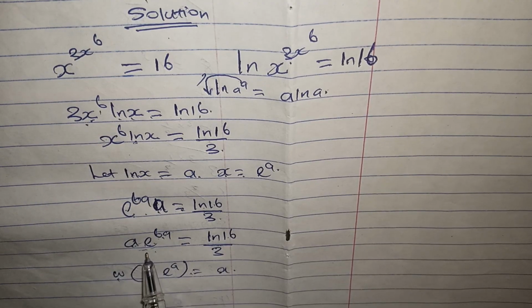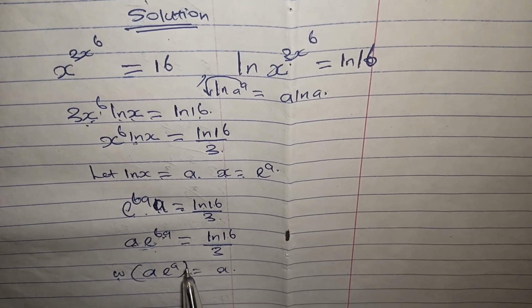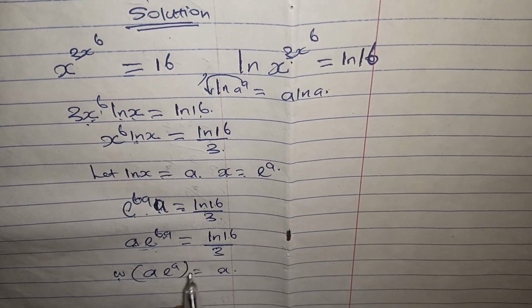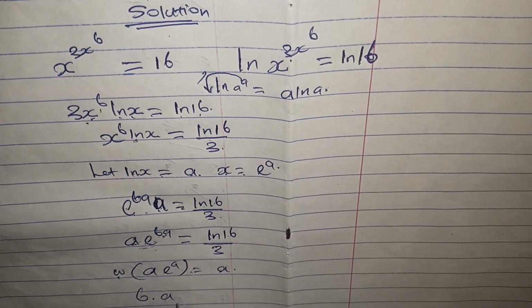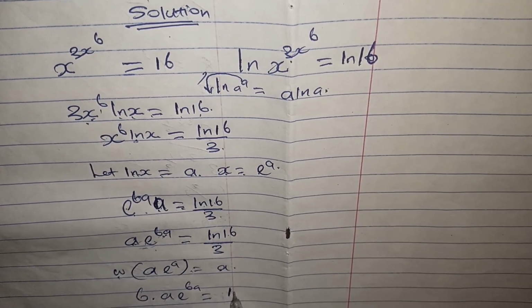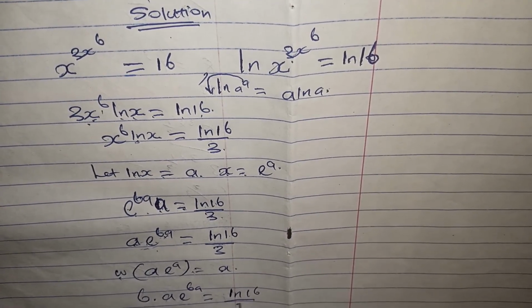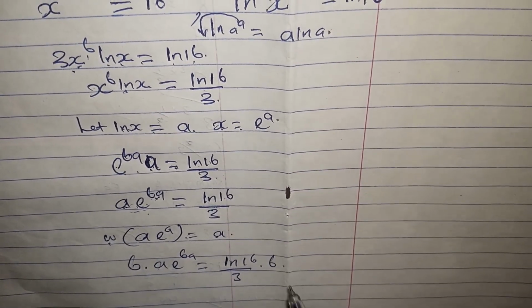So what are we going to do to make this look similar? I'm going to multiply both sides of the equation again by 6. So if I do that, I'm going to have 6 times a exponential 6a is equal to ln of 16 divided by 3 times 6.